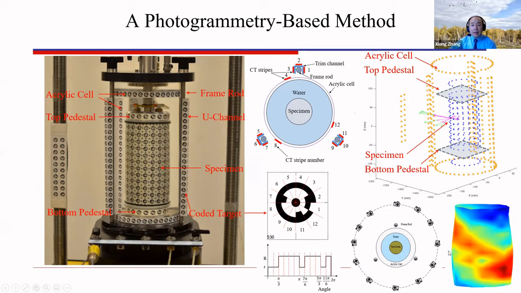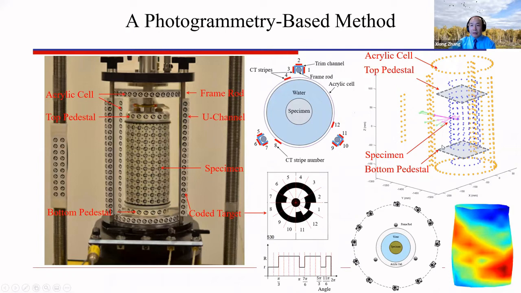And then after that, you give the pictures to us, and we have a program which can be used to analyze the pictures to reconstruct the 3D model of the testing system, from which we can get the soil specimen. We can not only get the location of the points on the surface, we can also back calculate the planes of the top cap and the bottom cap.